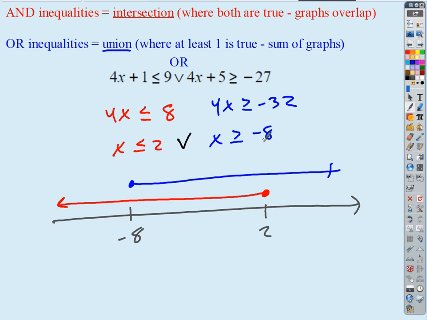True, it's greater than or equal to -8, right? So this is all reals. There you go, okay? And so I guess if I graphed it on here, it would be everything, right? Okay, you can work.